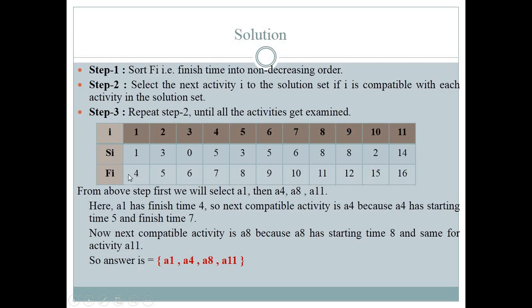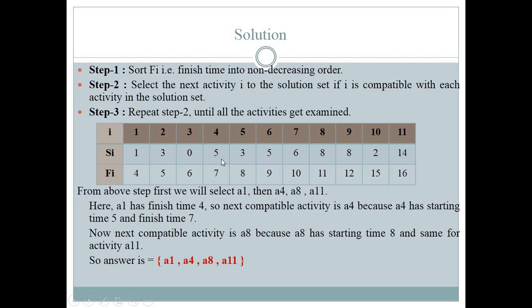So after finishing time 4, we have to find starting time 4, starting time 5, starting time 6, starting time 7. So minimum starting time 4. We will find starting time 4 activities here, but we do not have a starting time 4 activity here. So we will find starting time 5 activities. So we have 1 activity and 2 activities here.